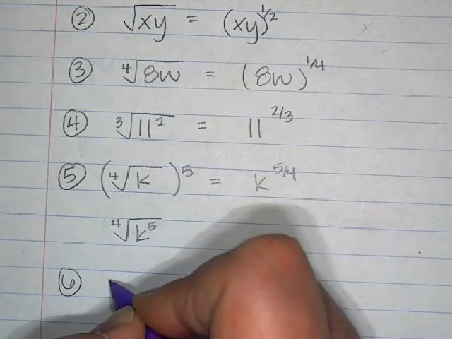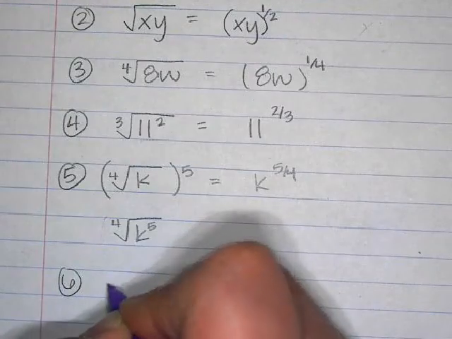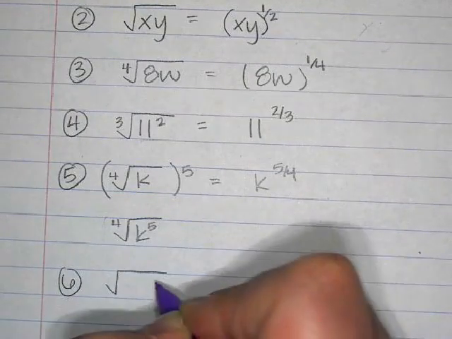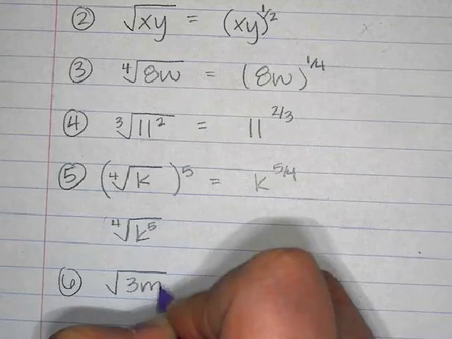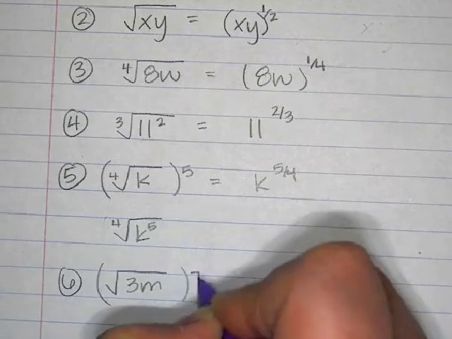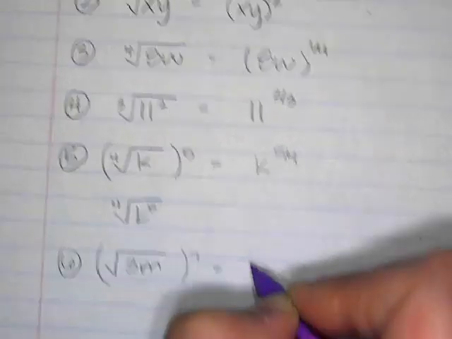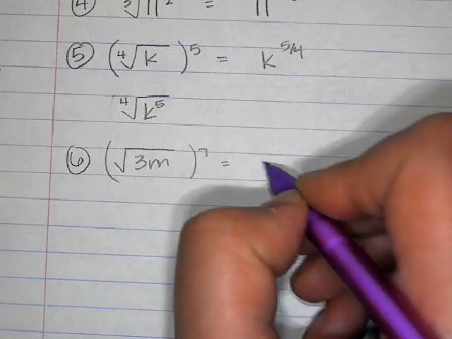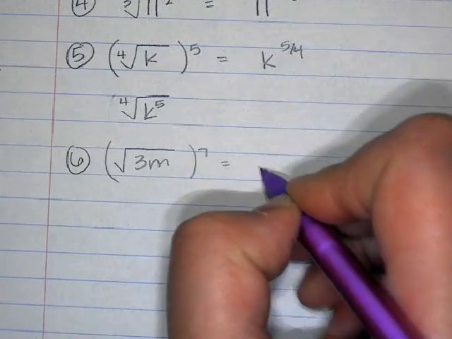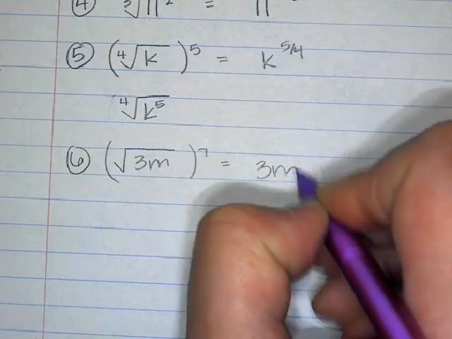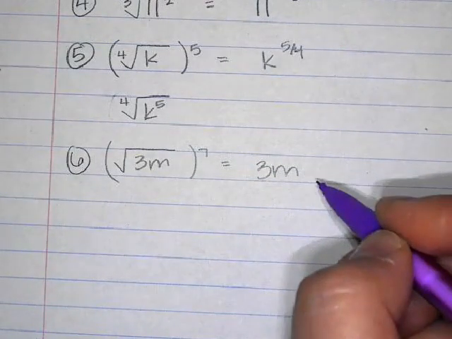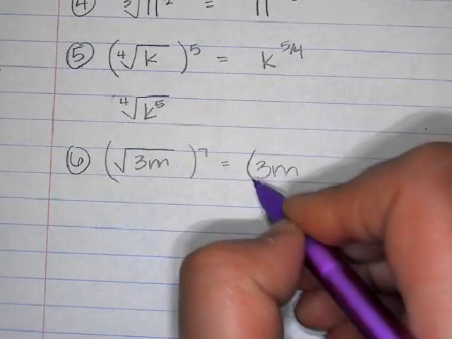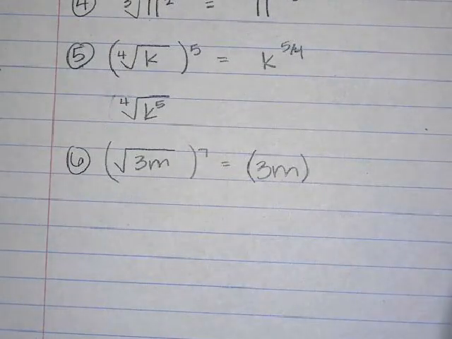Square root of 3m to the 7th. Okay, 3m. Does it need to be in parentheses? Yes. Okay, to the 7/2.